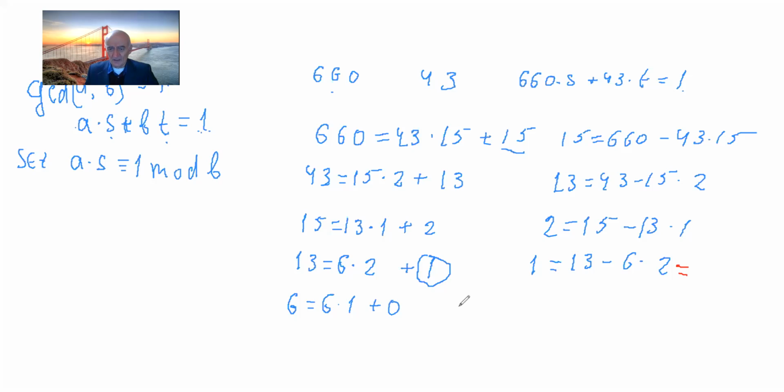So we should replace 2: it equals 13 minus 6 times (15 minus 13 times 1). Okay.